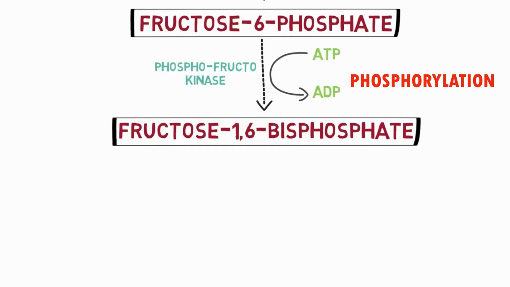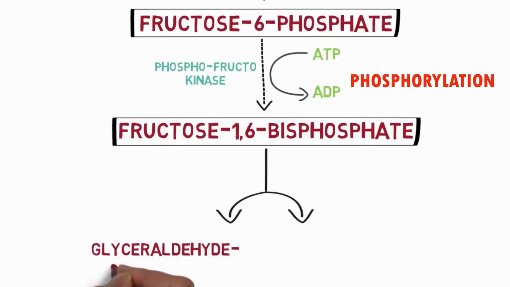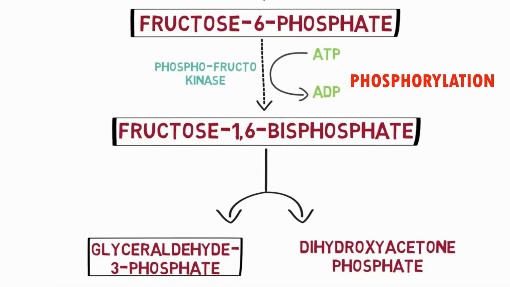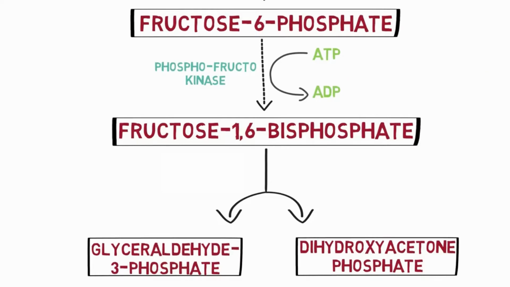Next, the fructose 1,6-bisphosphate is split into two molecules, the glyceraldehyde 3-phosphate, G3P, and the dihydroxyacetone phosphate, DHAP. These two compounds are 3-carbon sugars. Both the glyceraldehyde 3-phosphate and dihydroxyacetone phosphate are actually isomers and can be interconverted to each other by isomerization process.